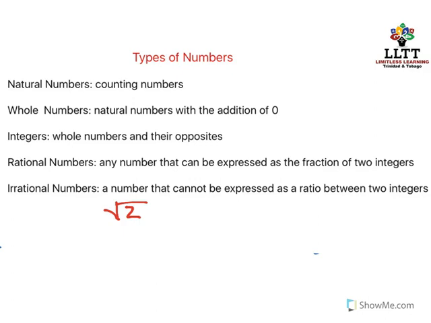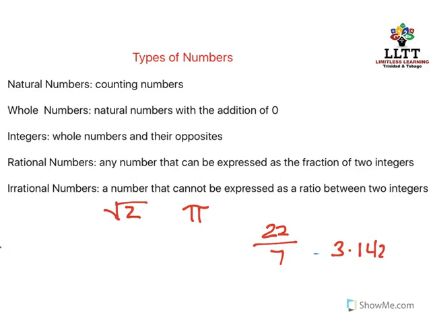Another example of an irrational number is pi. That's something that we see all the time. And I know you're probably thinking, well, I know pi to be 22 over 7, or I know pi to be 3.142. Those values that they would have given you for pi are approximated values.